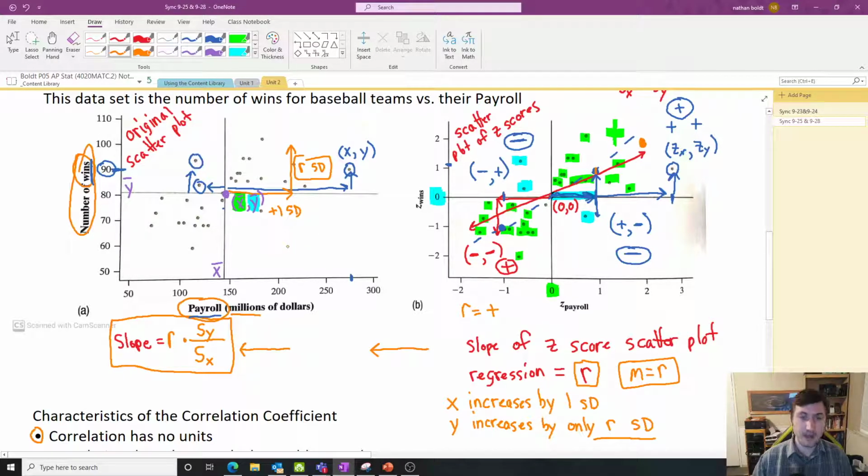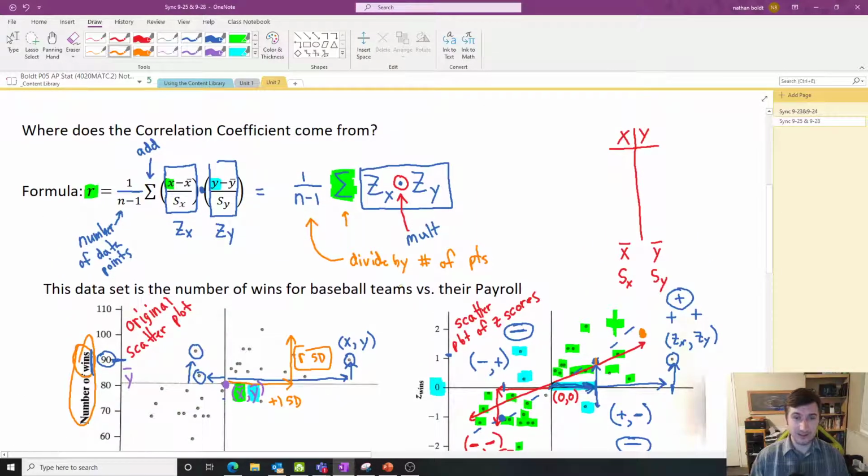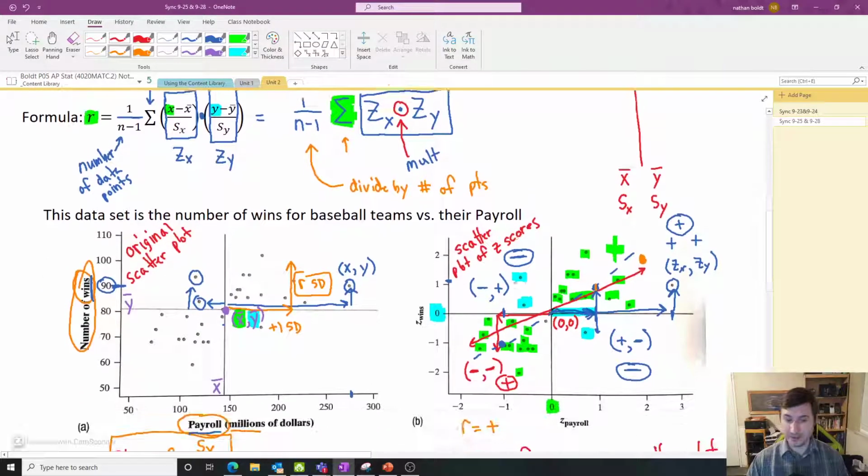Mathematically, that's actually kind of easy to understand. Look at this multiplication problem. We're taking zx and multiplying by zy. If I flip those around, that doesn't change multiplication. Order does not matter in multiplication. So if we switch x and y, that does not change the correlation. r would be the same.